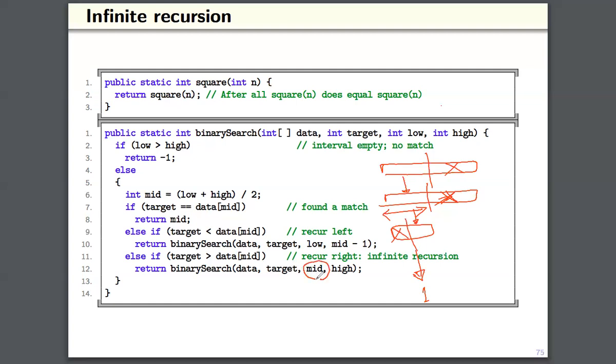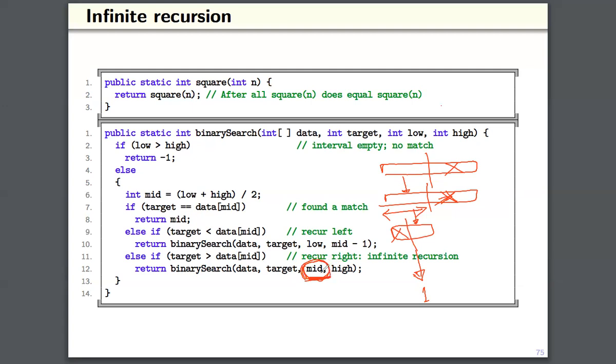Exactly. So here is the culprit. This should be mid plus 1, not mid. If this is not mid plus 1, what happens? You get an infinite loop of scanning the same element again and again. There is no decrease in the size of the subproblem.